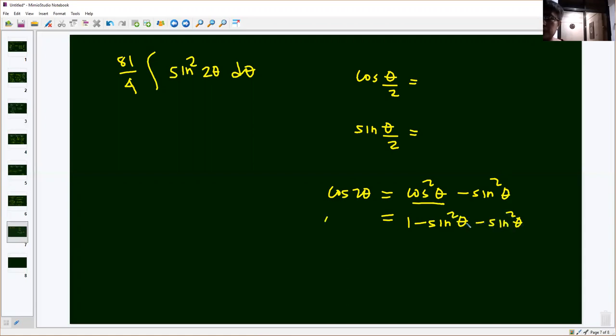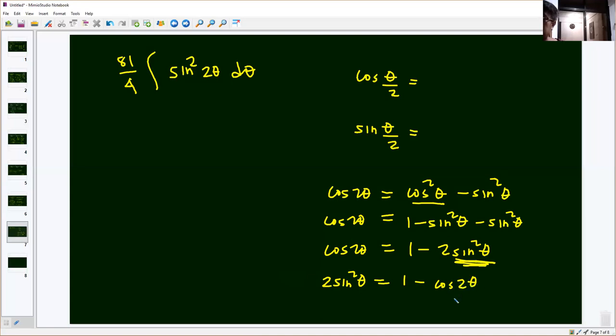Cos 2 theta, then magiging 1 minus 2 sine squared. So this is the half angle identity na meron tayo. Pero I'm just after this sine squared. So 2 sine squared equals 1 minus cosine 2 theta.